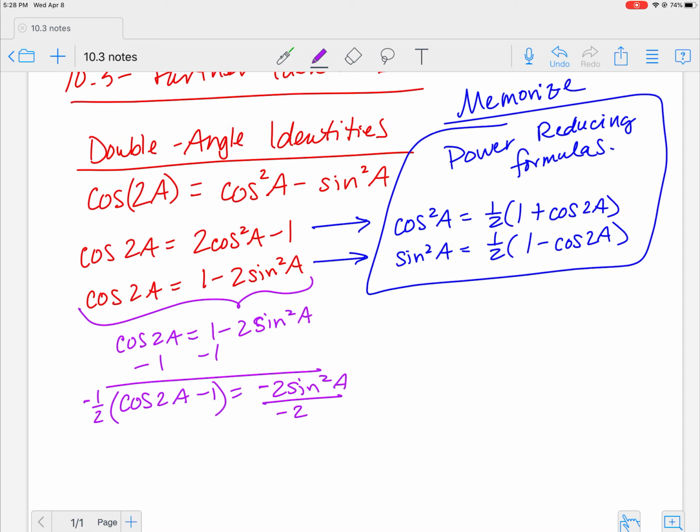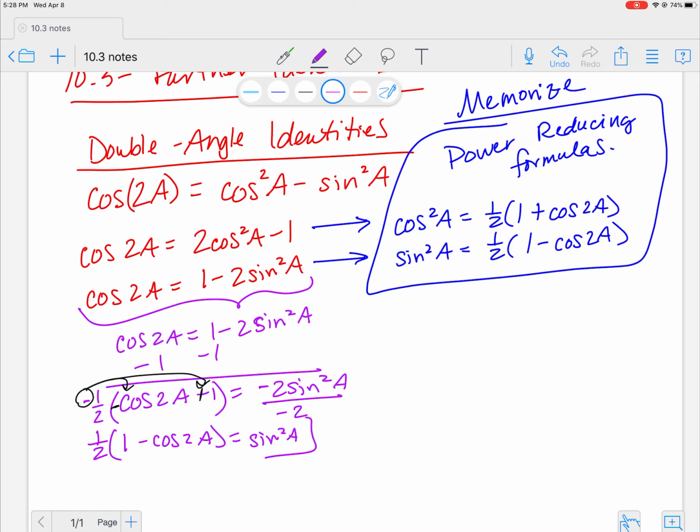So I'm going to divide everything by this negative 2. When I divide by a negative 2, I'm actually going to write it like this. I'm going to times this by a negative 1/2. Now, when you distribute the negative sign here, this negative sign that's distributed makes this one negative, and I distribute it makes that positive, right?